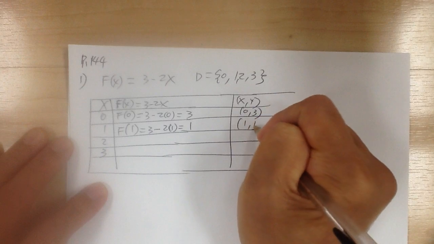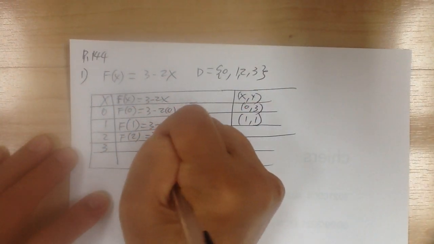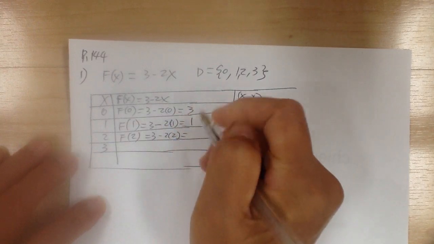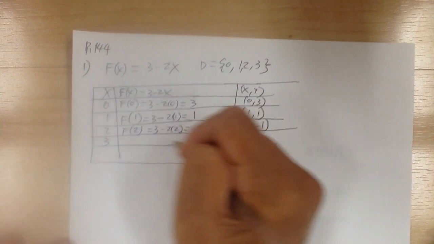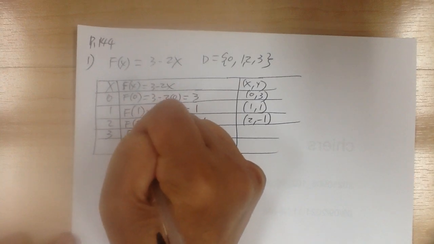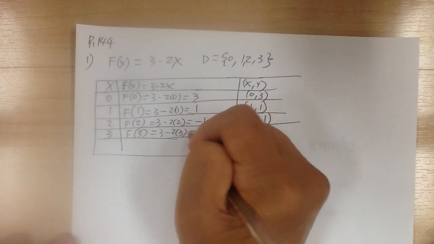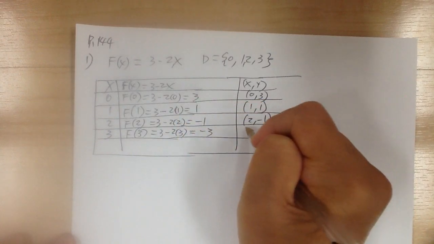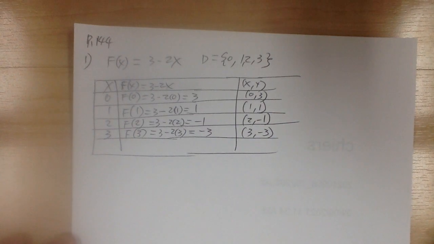So you're going to get 1, 1. Then f of 2 equal to 3 minus 2 times 2. So it'll be negative 1. And f of 3 equal to 3 minus 2 times 3. So it'll be 3 minus 6 would be negative 3. So 3, negative 3.